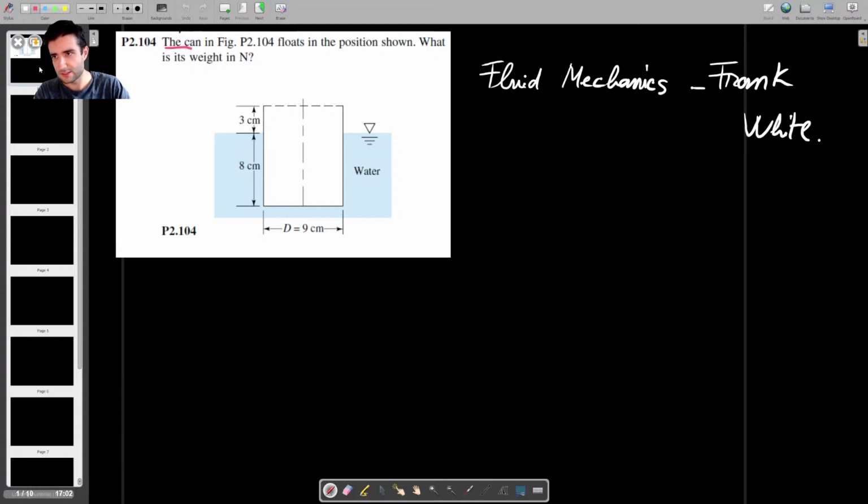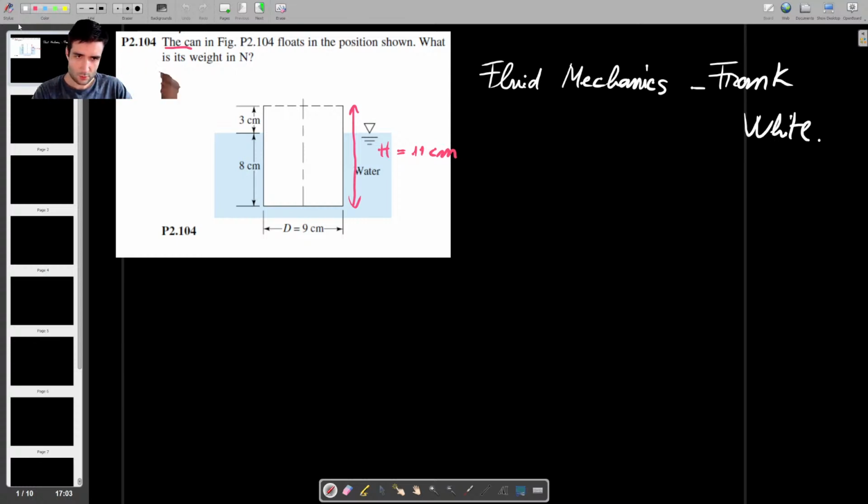We know this is a cylindrical can, and that the height is 11 centimeters, with 3 centimeters of it above the surface of the water. Based on this, we're going to figure out how to find the weight of the can.